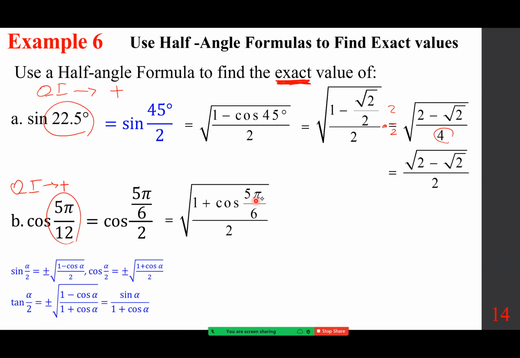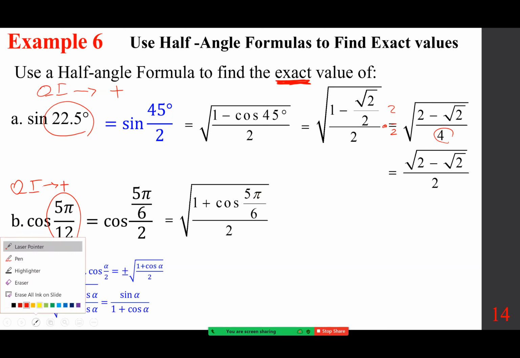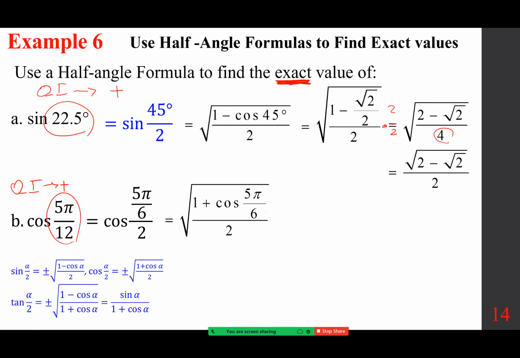Now, what is cosine of 5 pi over 6? First, let's discuss the reference arc for this. Pi over 6. So it's the same as cosine of pi over 6, which is square root of 3 over 2. But is it positive or is it negative? Since 5 pi over 6 is in quadrant 2, and cosine is negative there, it's minus square root of 3 over 2.